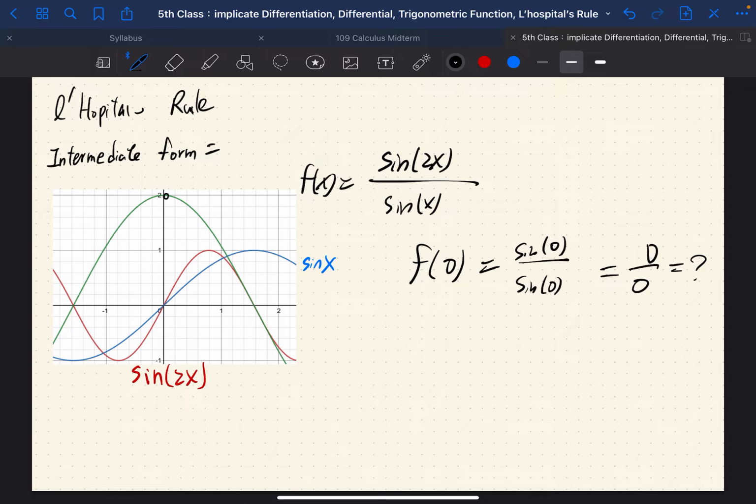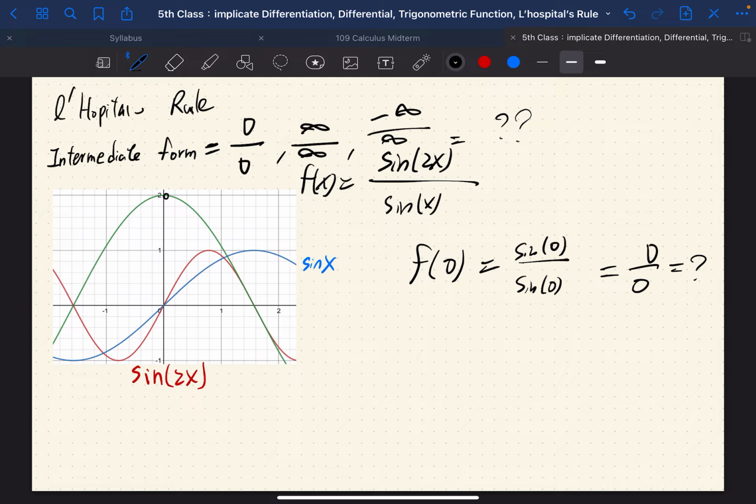So there are things called indeterminate forms, like 0 divided by 0, infinity divided by infinity, or negative infinity divided by infinity. For these, we don't know the exact number.